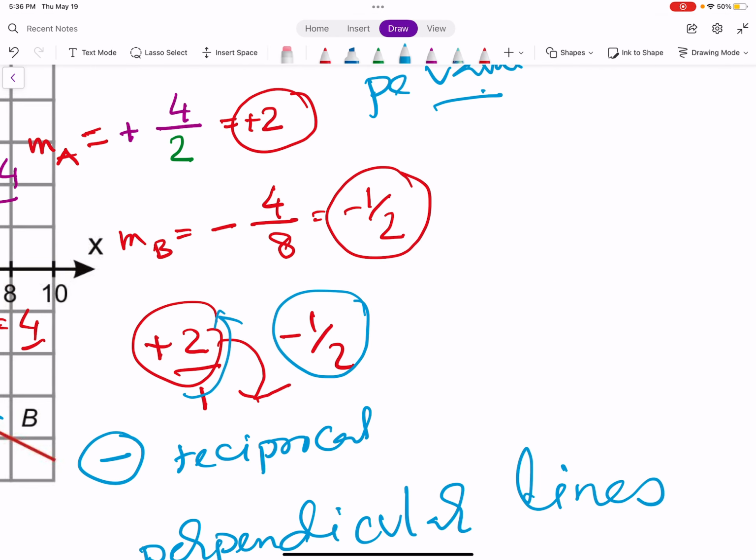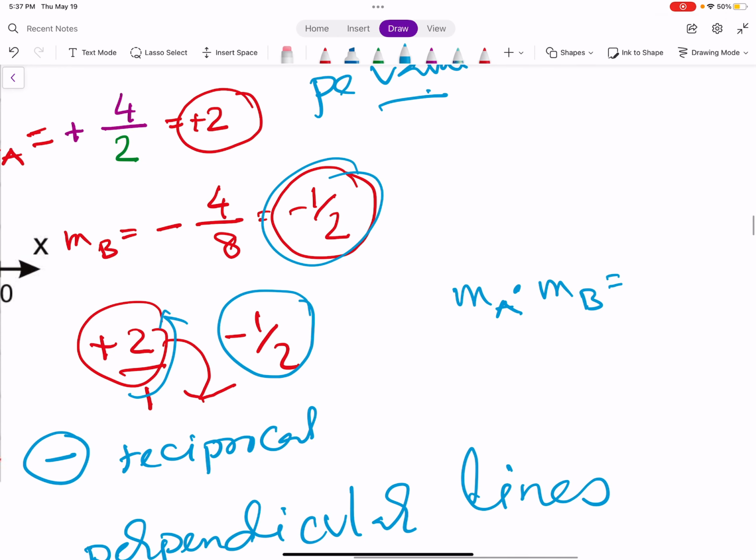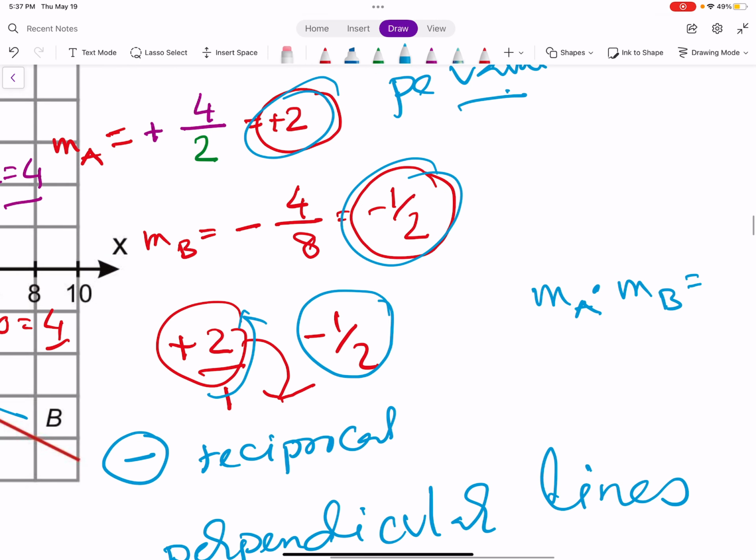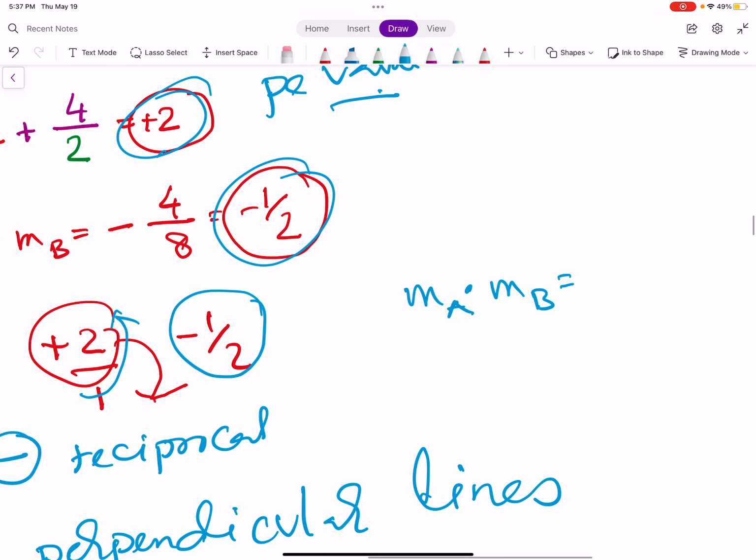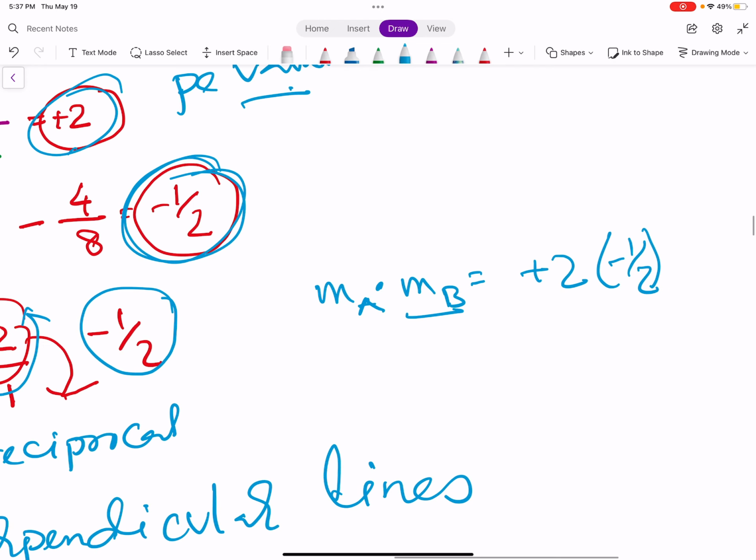Let's see what happens if we multiply them. What do we get? This is positive 2, right? So that's positive 2, and this guy is negative half. So negative half, right? This guy cancels out. It's negative 1.